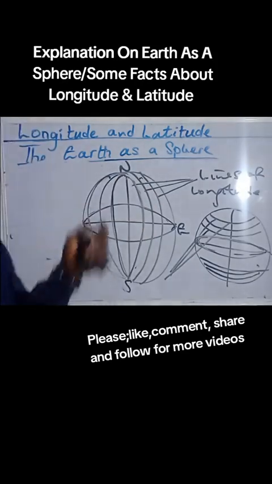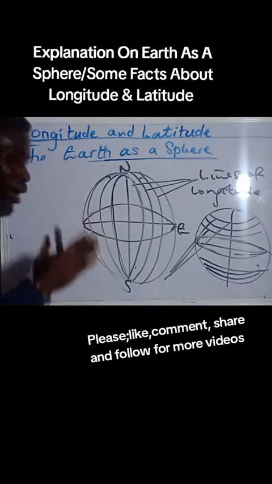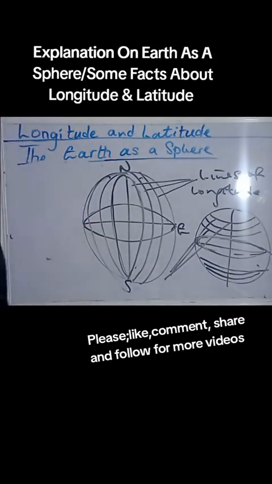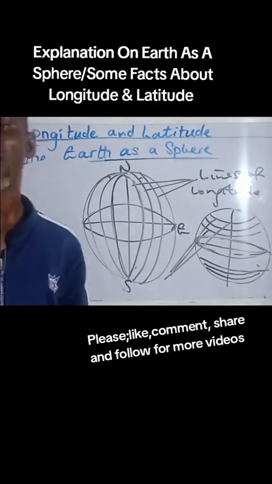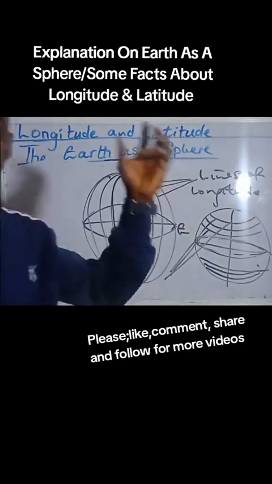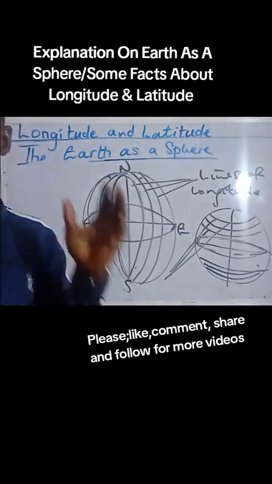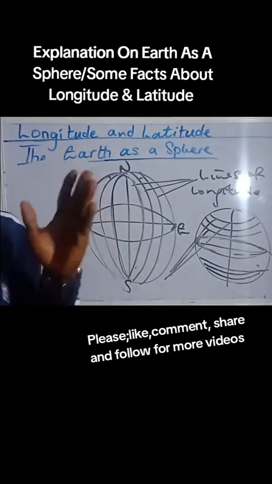Okay? So the summary is that, number one, all lines of latitude are small circles, except the equator, which is a great circle. Number two fact is that all lines of longitude are great circles.